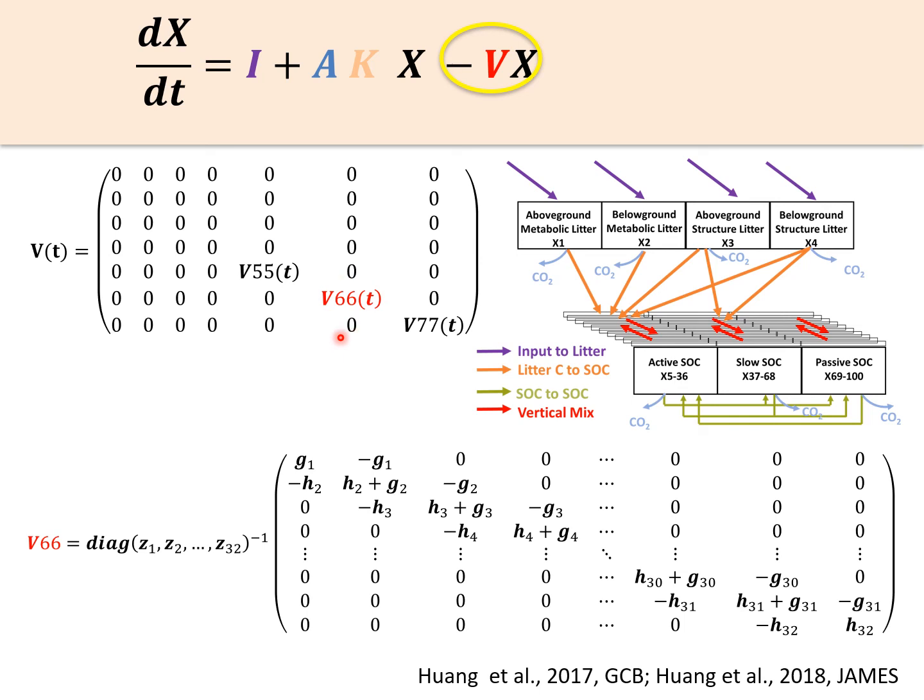The vertical matrix is actually a tri-diagonal matrix with the lowercase number indicating soil layers. H and G correspond to the mixing rate between the current and the upper soil layer and between the current and lower soil layer. For people who are interested in those details, you could refer to the reference I cited here.